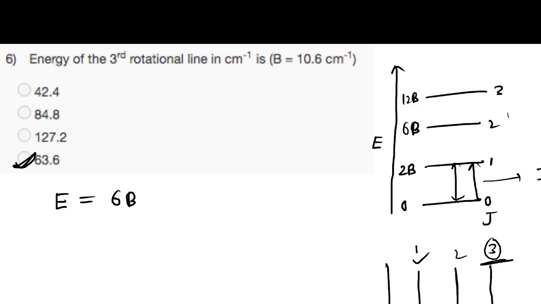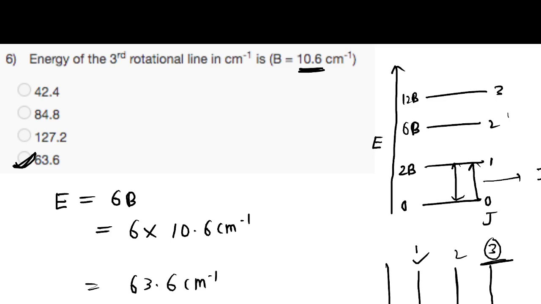And what is given here? This one. So we can multiply by 6 into 10 to the power 6 centimeter. So 63.6 centimeter inverse. Simple.